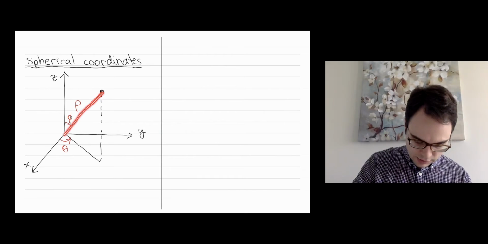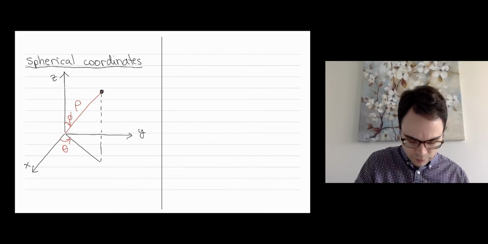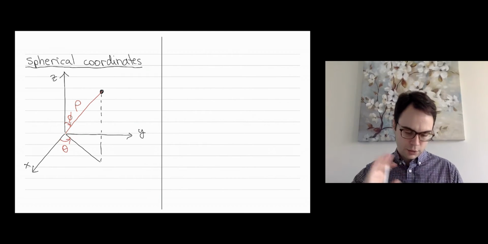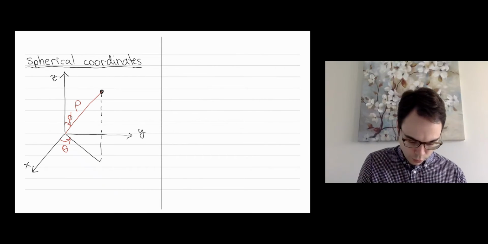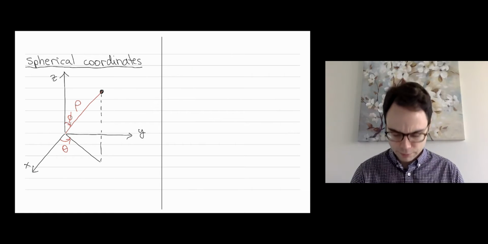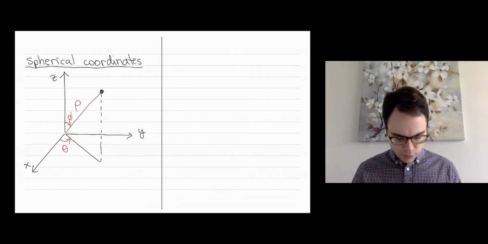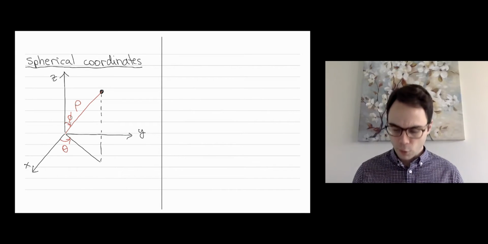So this line, this direction that points toward the point, makes an angle phi with the z-axis, and is rotated by an angle theta around the z-axis, where we measure rotation starting from the xz plane. Okay, so this is the definition of the coordinates.